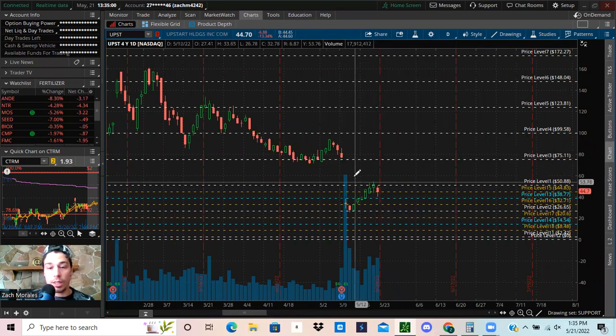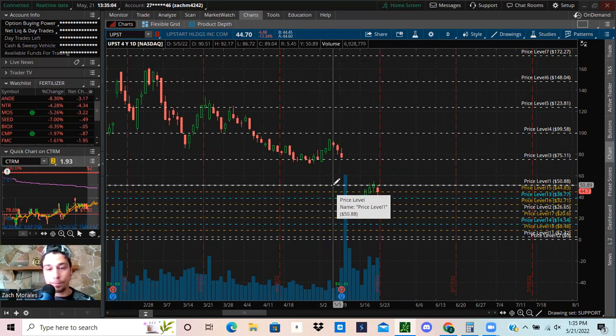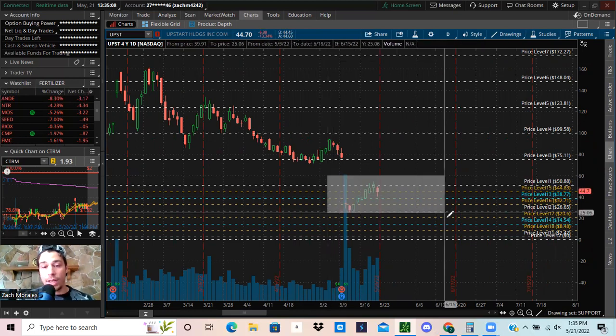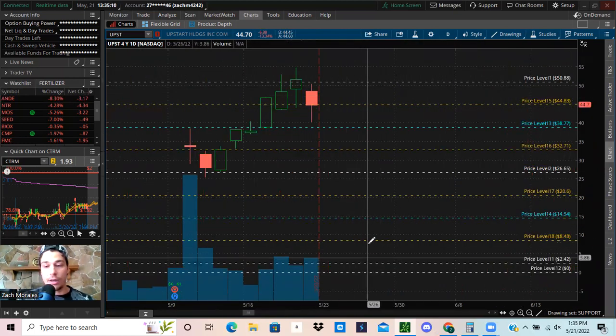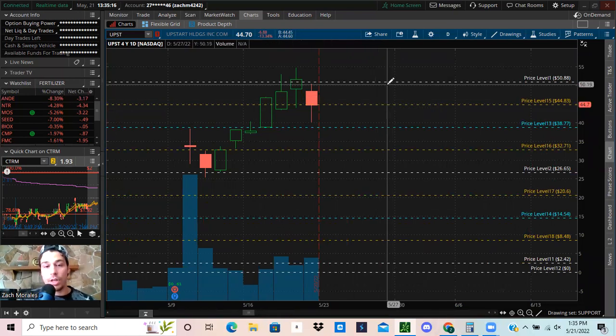We know that there's a gap up to fill. So essentially we would have an alert down here for when the gap is to fill, right? Until then, we're going to be paying attention to all of this area in here, from $0 to $50.88. That's our main area of interest for accumulation for the gap fills up. And it's up to you to decide what price levels are right for your taste.